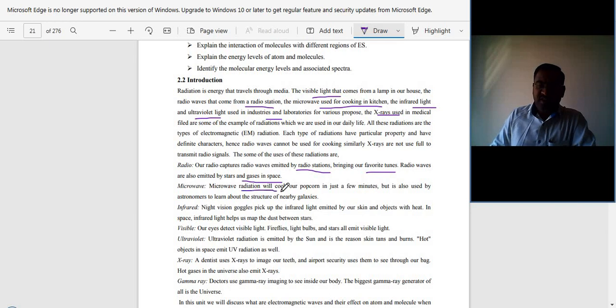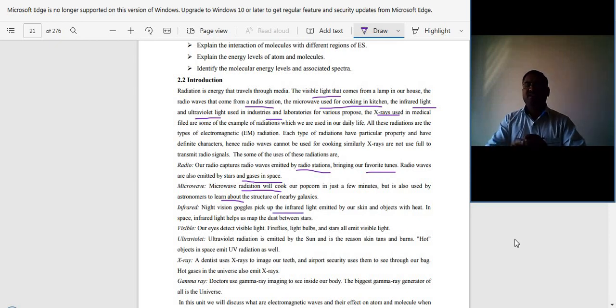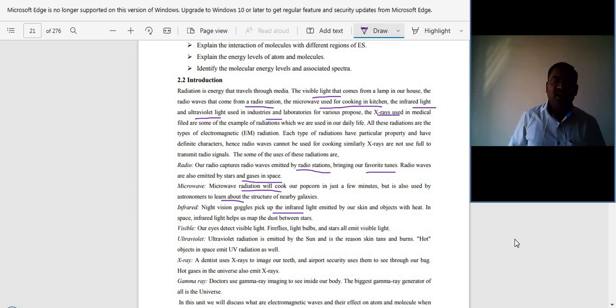Microwave radiation will cook food, and is also used by astronomers to learn about the structures of nearby galaxies. With infrared radiation, night vision goggles pick up the infrared light emitted by our skin and objects with heat.